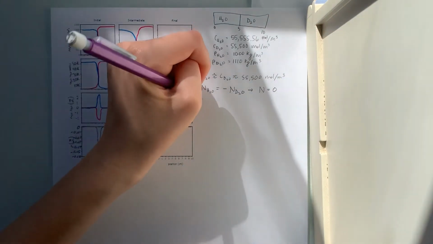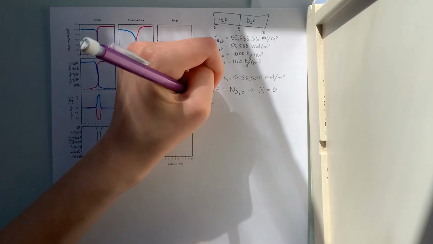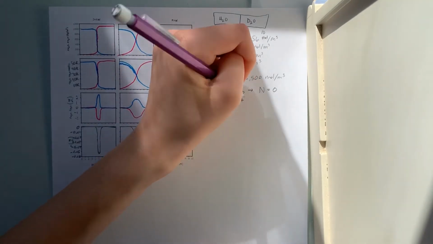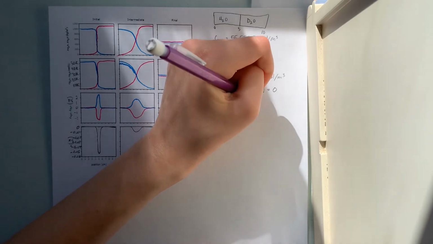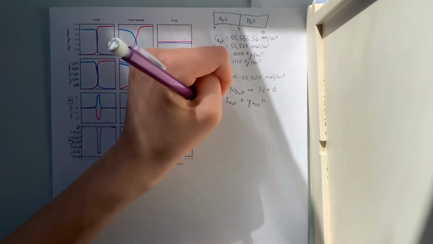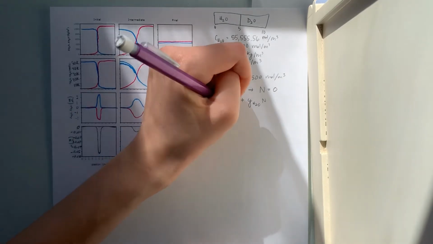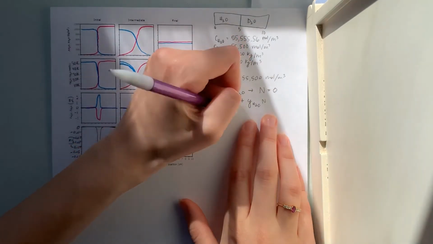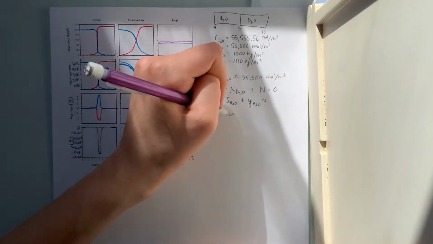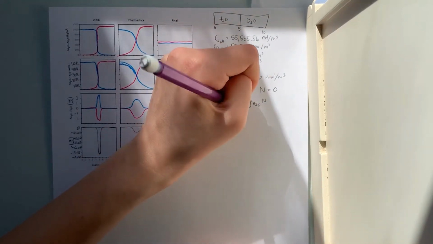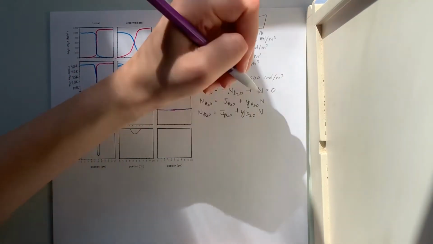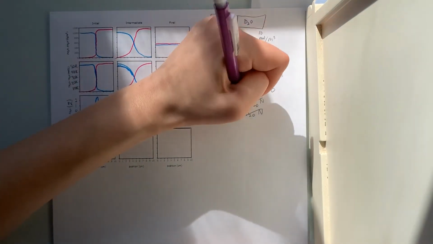This means that when we write out the molar fluxes for the individual components, these two terms with net molar flux can be canceled out.